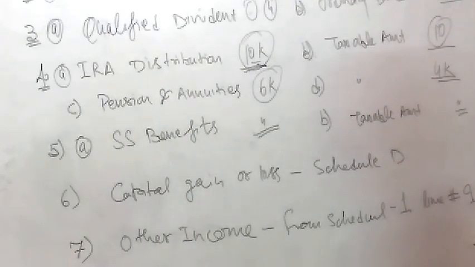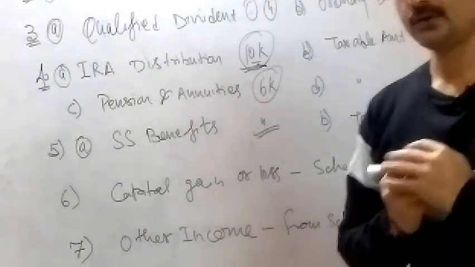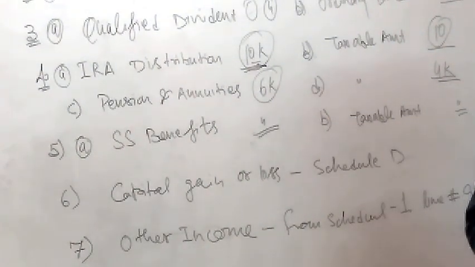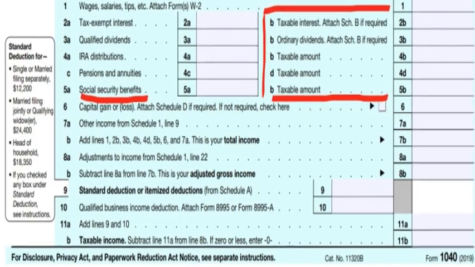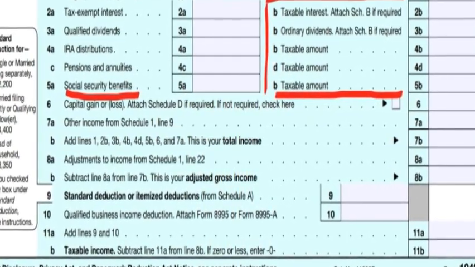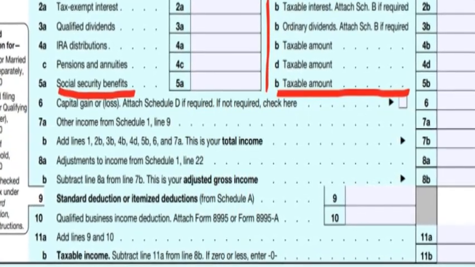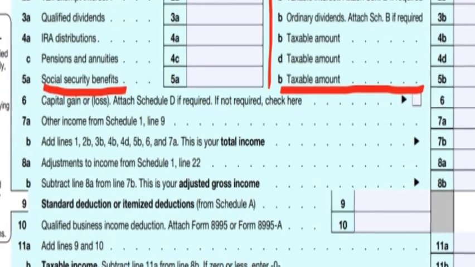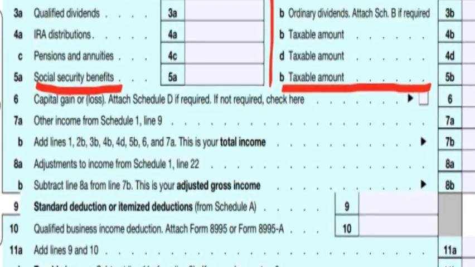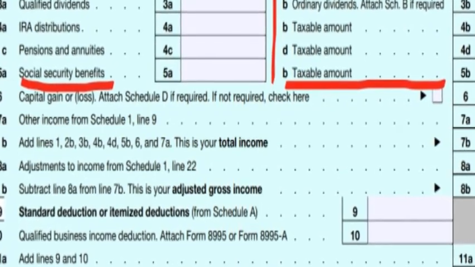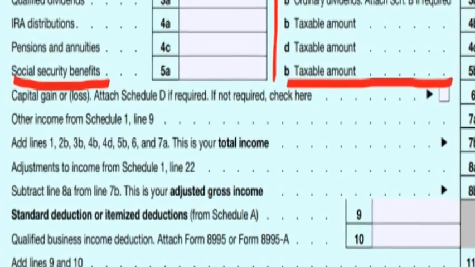Sometimes we need to gross up income. Whatever the non-taxable portion is, we need to go to the tax returns and always verify that before grossing up any income that we assume is non-taxable.